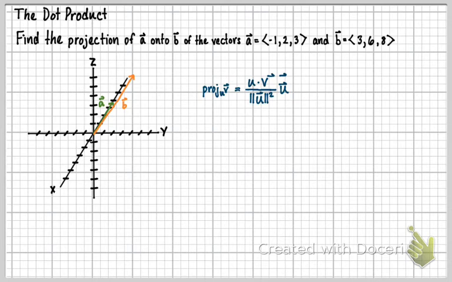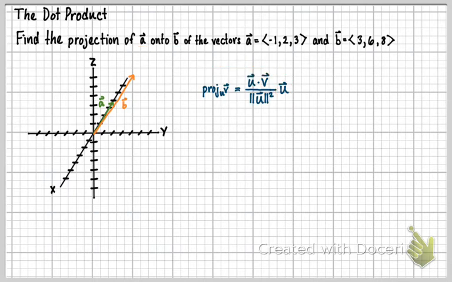Now again, my end result here is going to be a vector, and this one's going to be in the direction of u. And for ours, since we're doing a projection of A onto B, that means our u is going to be our B. So let's just set it up.